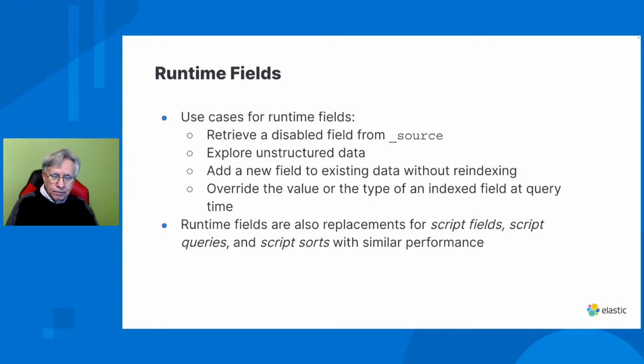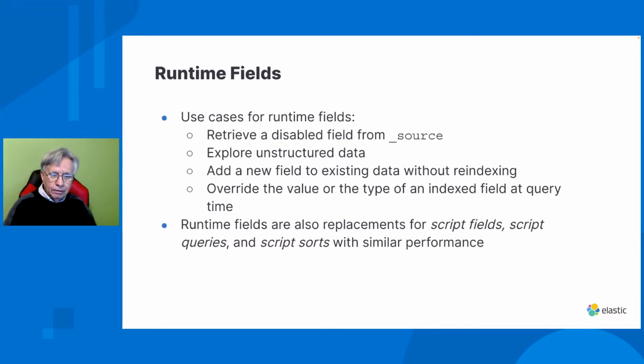And the beauty of that is, if you remember, when you add a new field to a mapping in plain old indices, you have to hydrate the field by doing an update by query or a reindex. We don't need to do that with a runtime field. And then the last one that I want to talk about today is what if the data is wrong?